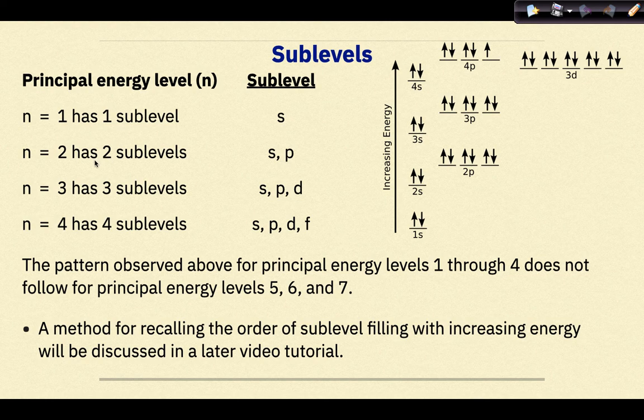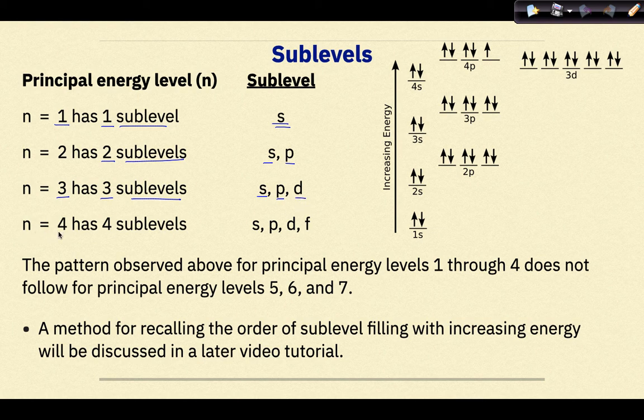So let me explain. For principal energy level number 1, that has one sublevel, and that sublevel is s. When n is equal to 2, there are 2 possible sublevels, s and p. When n is equal to 3, there is a potential for 3 sublevels, s, p, and d.